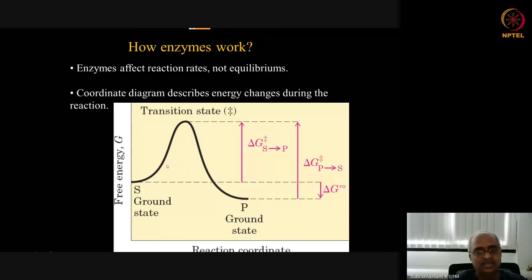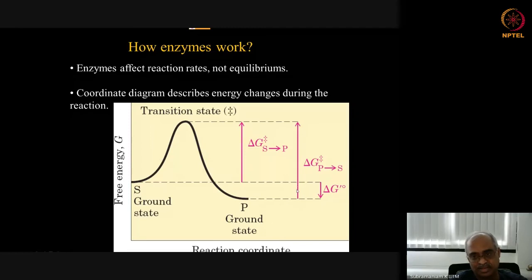So this tells you the difference between the ground state of the substrate and the transition state it has to reach, and that is what we call the activation energy. And from there it is going to come down, and here you see an overall net negative free energy change, and that is why the reaction is possible.